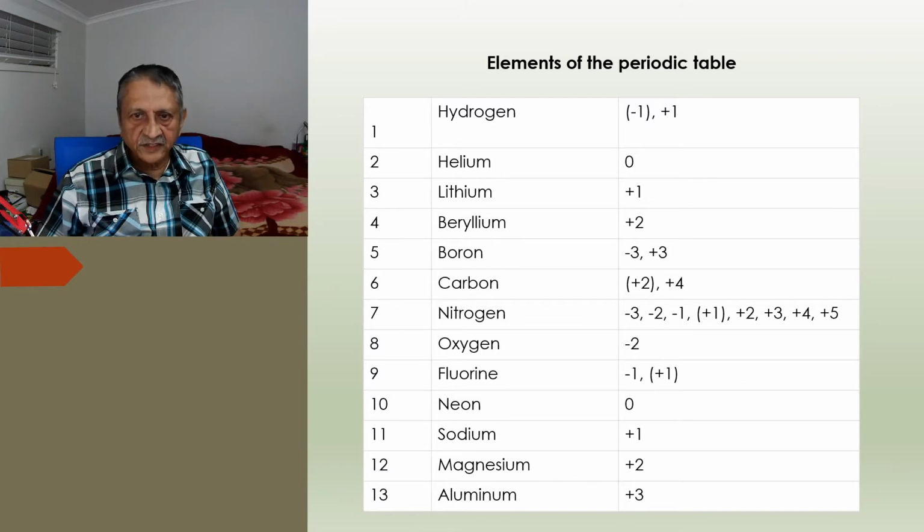The hydrogen atom has got one proton and one electron. Helium has got neither protons nor electrons. Because of that, helium is a very, very stable gas. It doesn't react with anything.